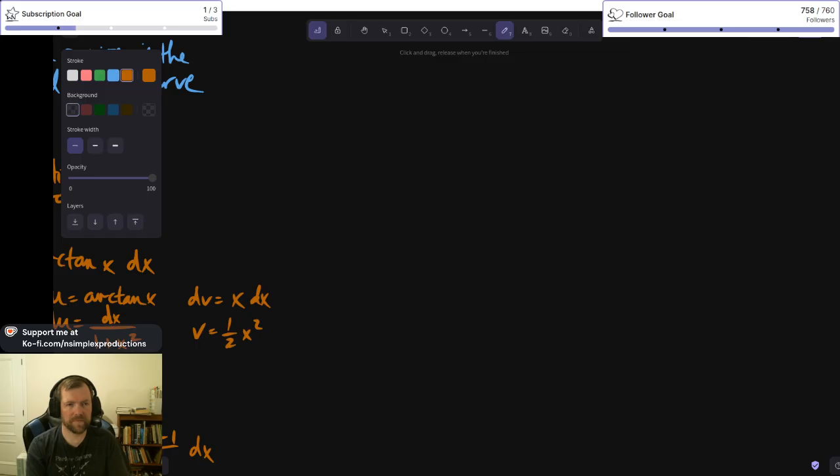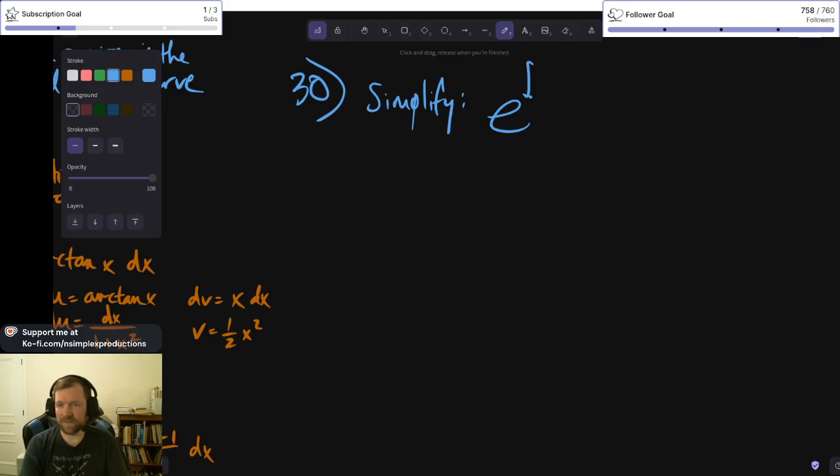Righto. 30. Simplify. E raised to the integral from 3 to 5. They actually wrote it out in here, exp integral, but same thing.